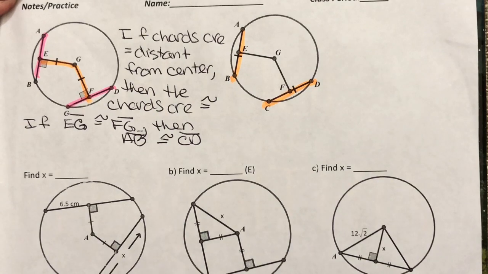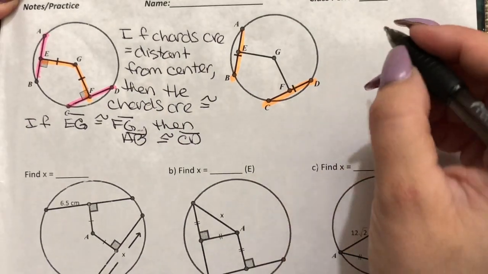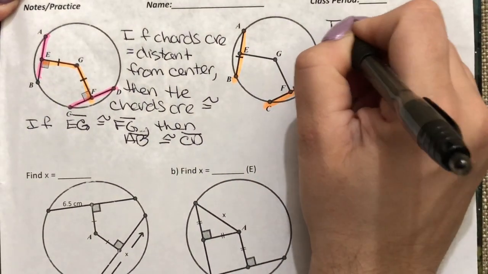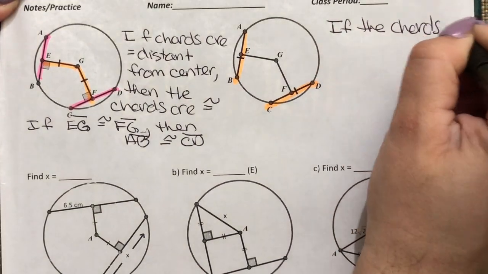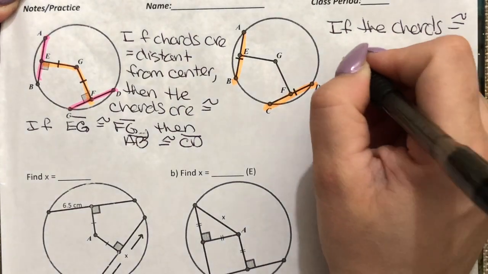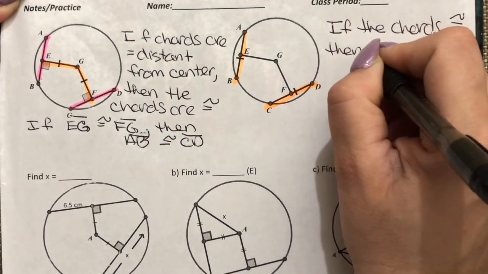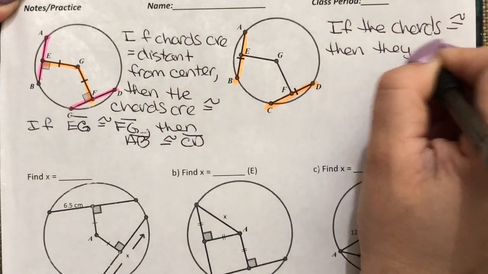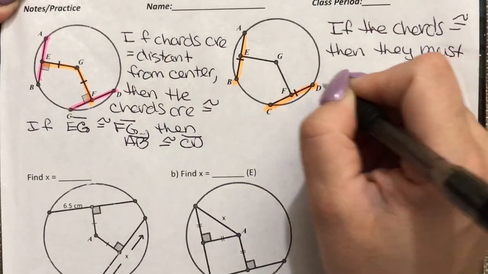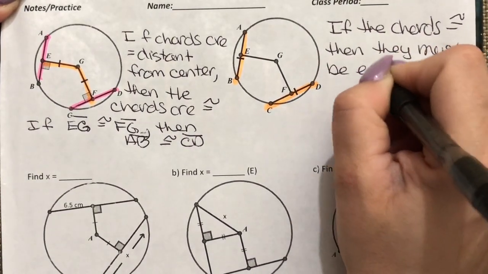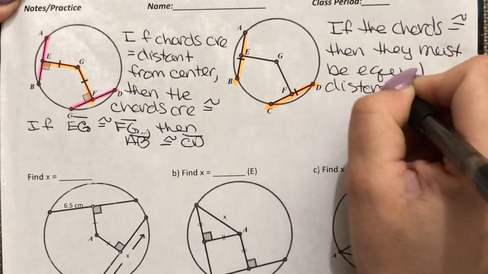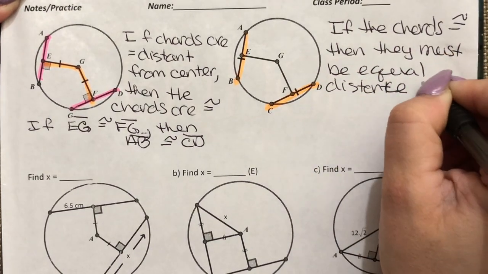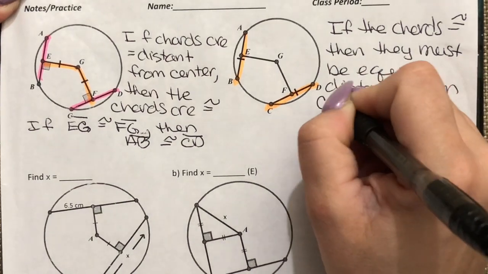And the same thing can be said backwards. For example, if the chords are congruent, then they must be an equal distance from the center.